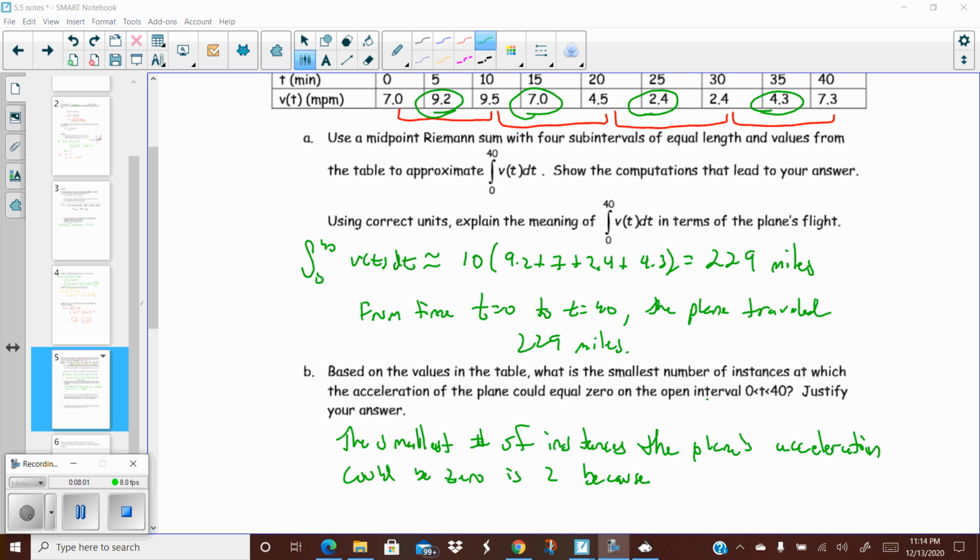Now this is where you have to use some of the information from above, because v of t is differentiable, which implies continuity.